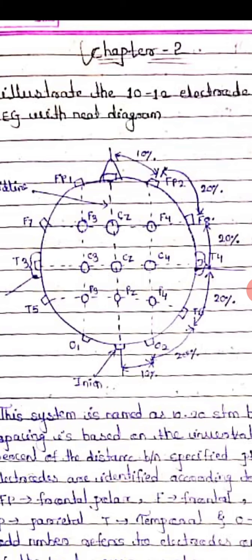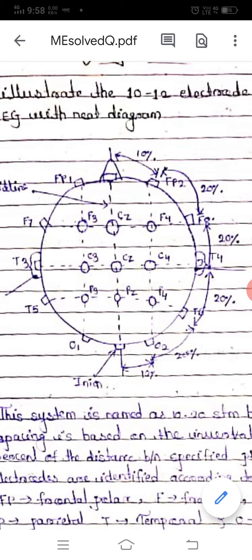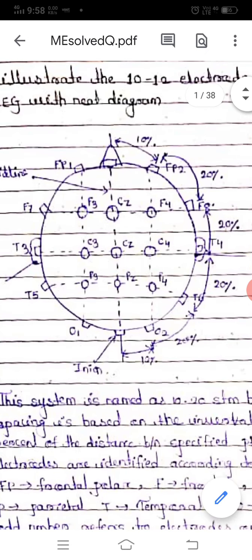That is the first point, Fp. After that, mark 20% distances. So F comes next, then T, then T again, then O, and the last part is a 10% distance. When you divide the total distance, it is first 10, then four 20s, and again 10. That means 10, 20, 20, 20, 20, 10.